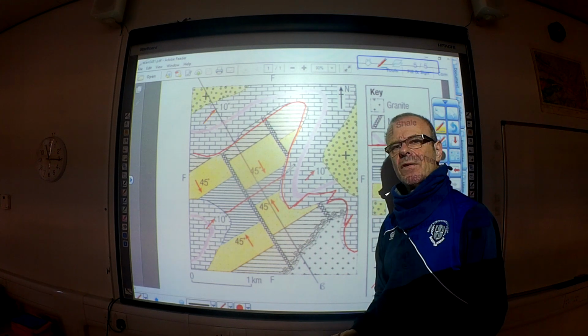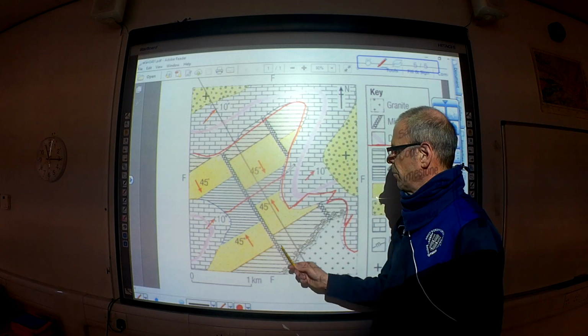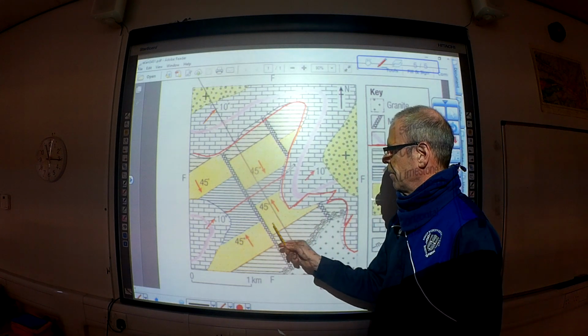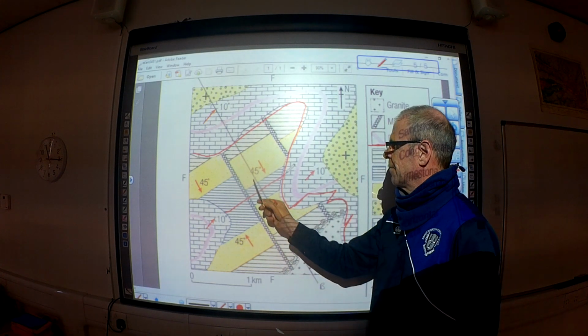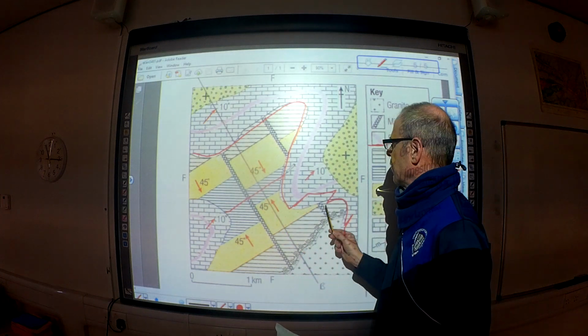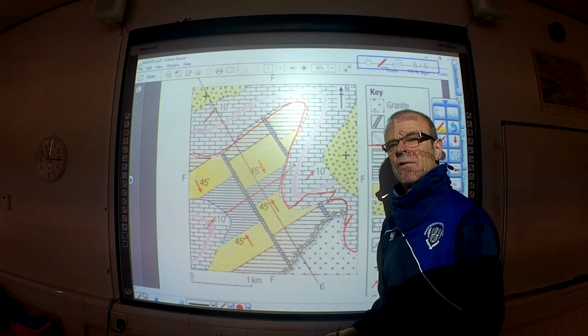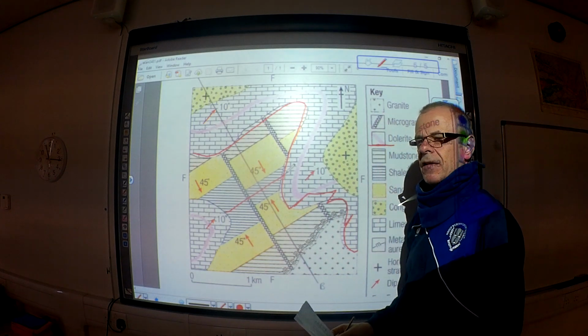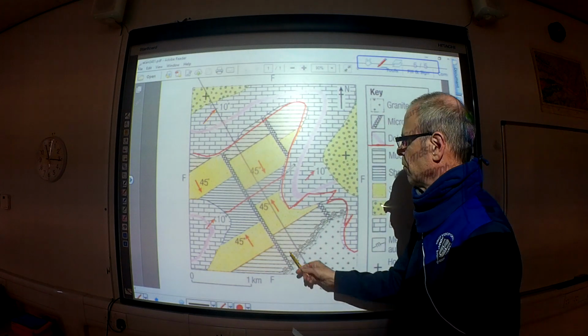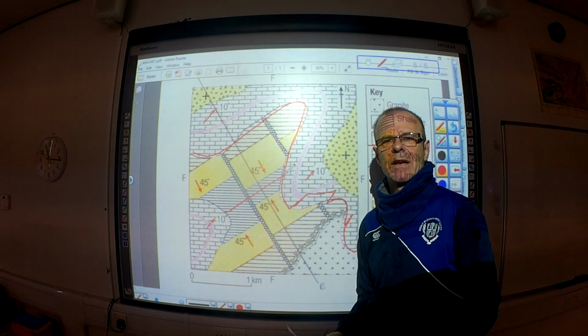We now have some faults on here. There's a fault there. Clearly the sides of the limbs of the syncline are offset, and the same that side. We've got another fault here because you've got a fault offset there as well. So we have faults trending northwest, southeast, and those faults have been exploited by microgranite dikes.